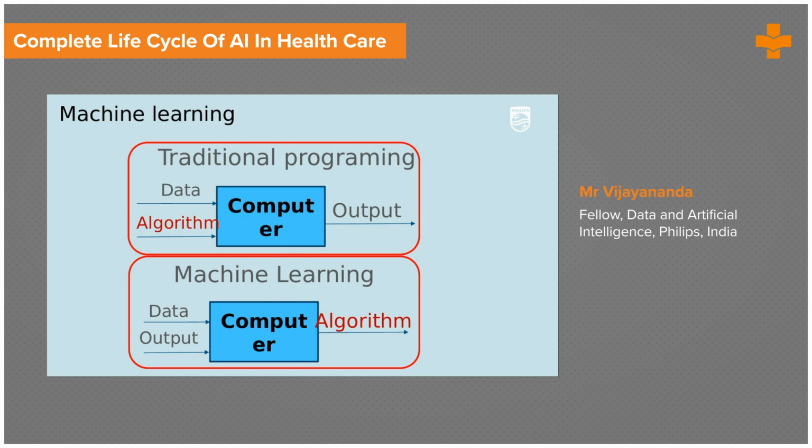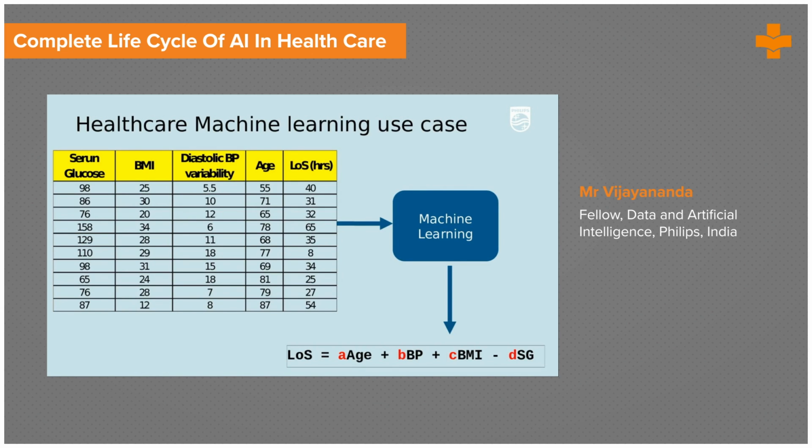And to give you a very simple example, here is a scenario where you're trying to figure out the length of stay of a patient in the ICU. What you could do is, using the machine learning algorithms, you give a set of inputs, the first 4 columns that you see here, and then the actual length of stay of the patient within the ICU.